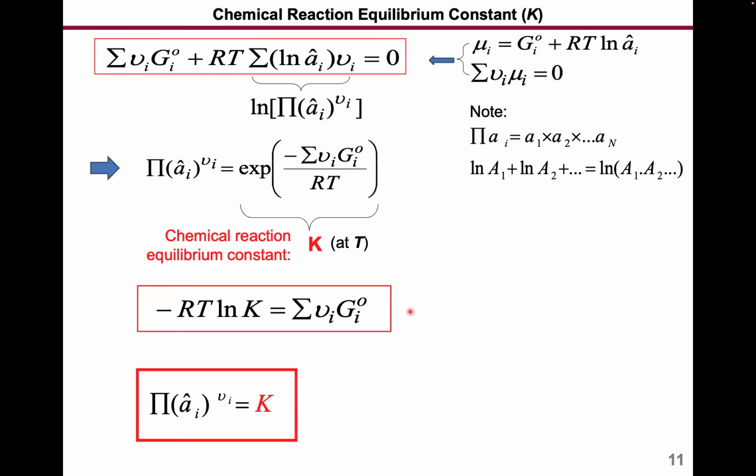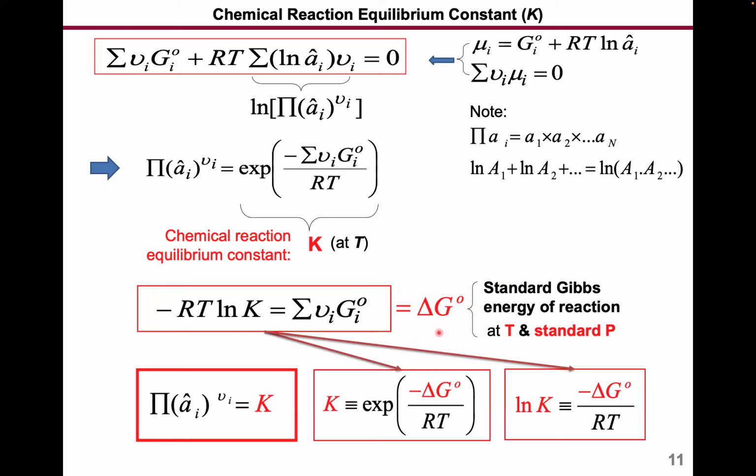Now, also importantly, this whole thing, summation ν_i G_i^0, is just equal to ΔG^0. ΔG^0 is the standard Gibbs energy of reaction at T and standard pressure. Now this ΔG^0, you can calculate from ΔG_f, the standard Gibbs energy of formation at a particular temperature. So we will show you how to find those, and then you calculate this ΔG^0.